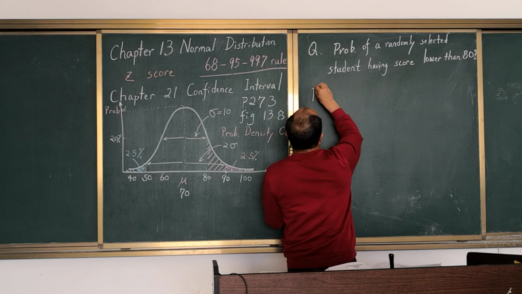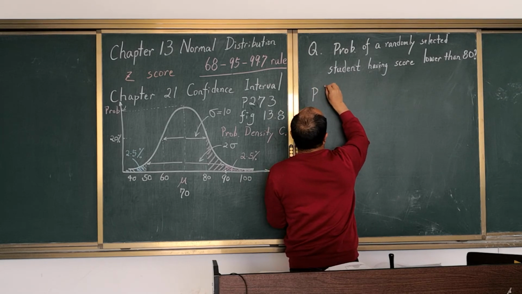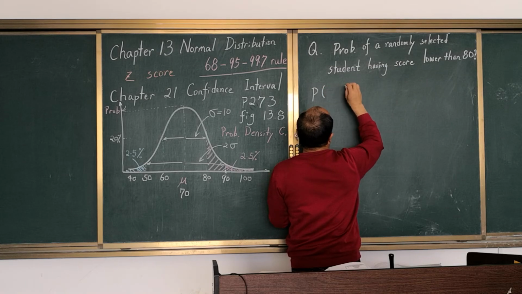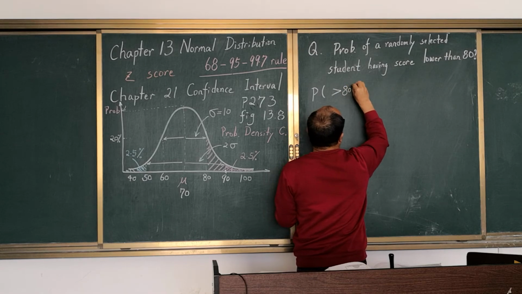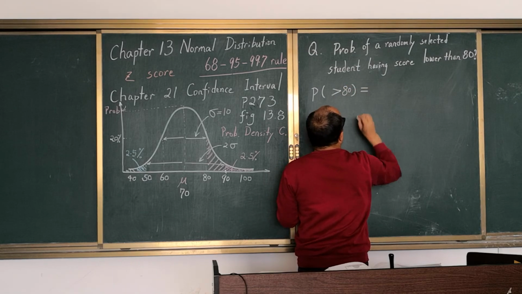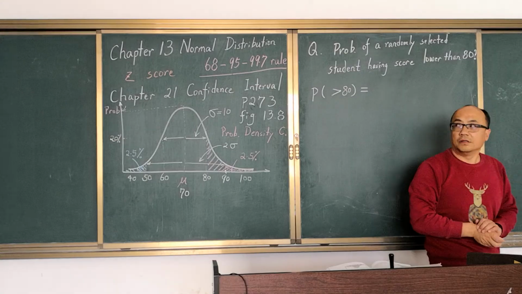So I just use this symbol, the probability higher than 80.